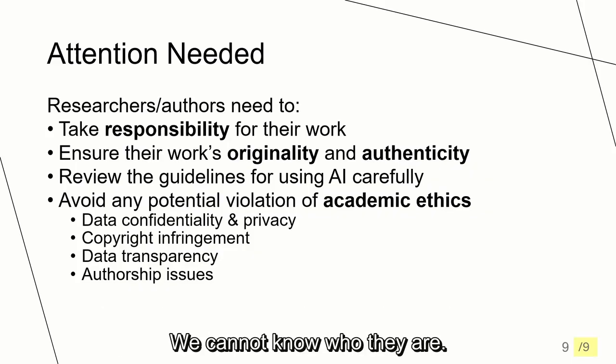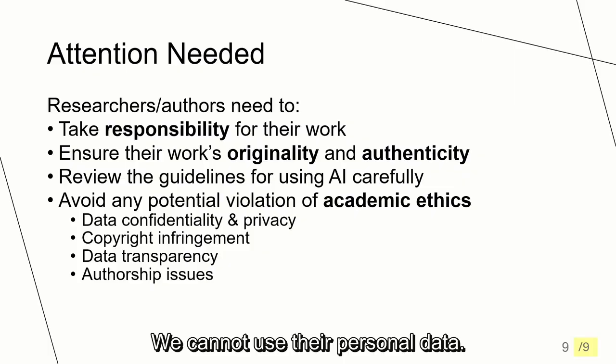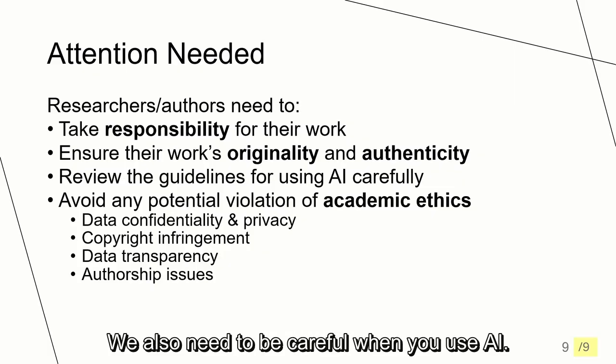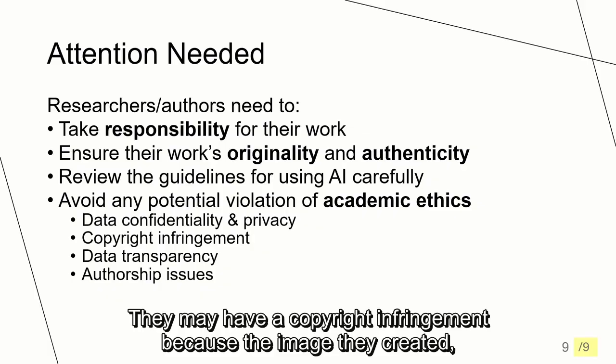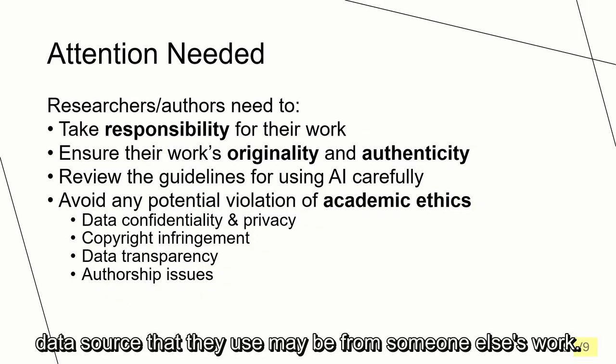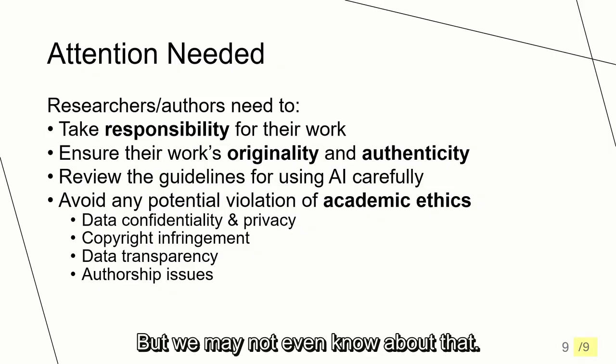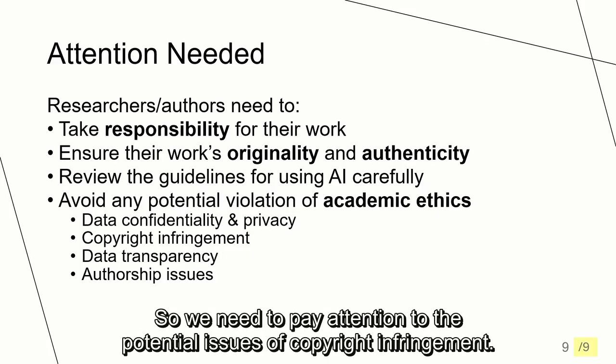We cannot know who they are. We cannot use their personal data. We also need to be careful when we use AI. It may involve copyright infringement because the images it created, or the data sources it uses, may be from someone else's work, but we may not even know about that. So we need to pay attention to the potential issues of copyright infringement.